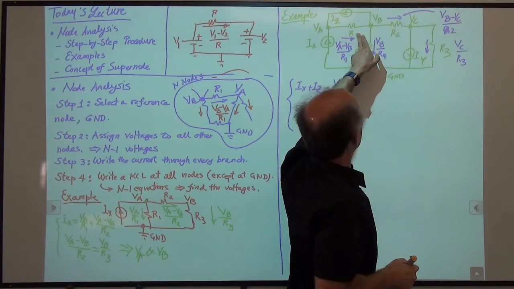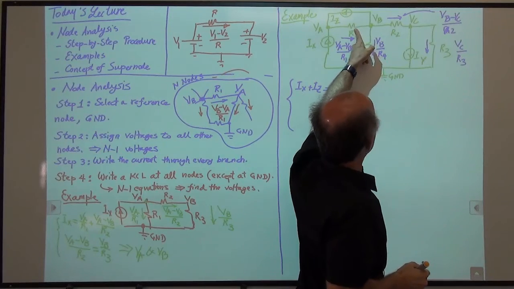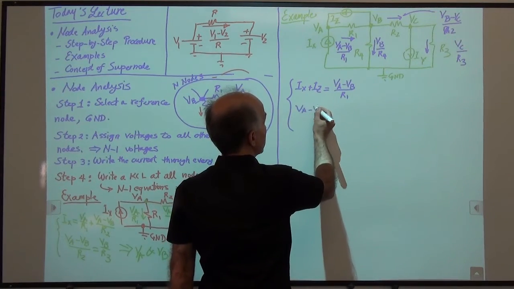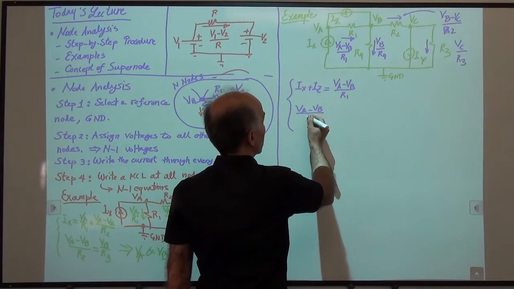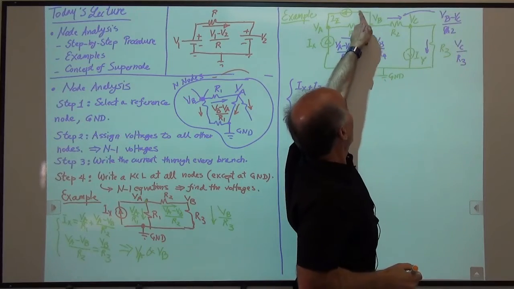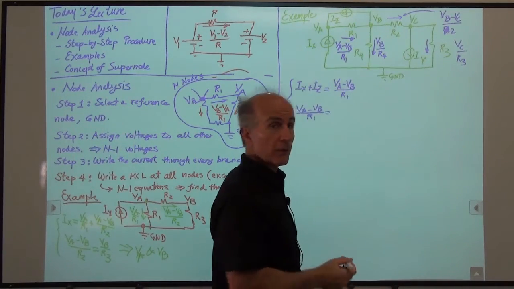Okay, we move on to the next node at VB, and we write a KCL here. We have this current coming in, and that's the only one that's coming in. So we write VA minus VB over R1 is equal to this coming in, this is going out, this is going out, and this is going out. So we just add all those 3.